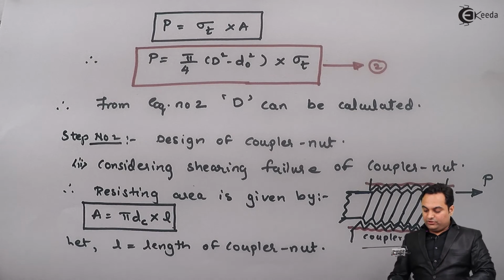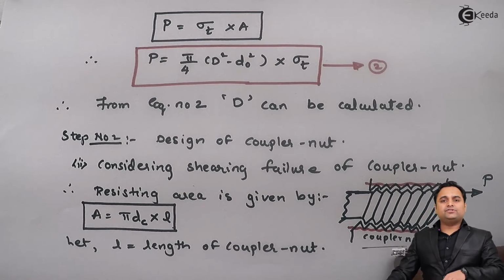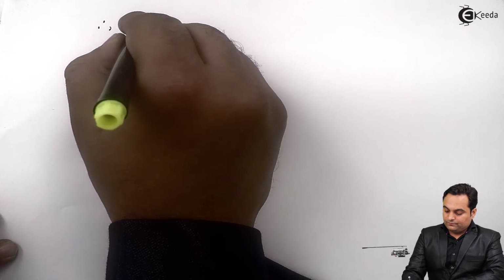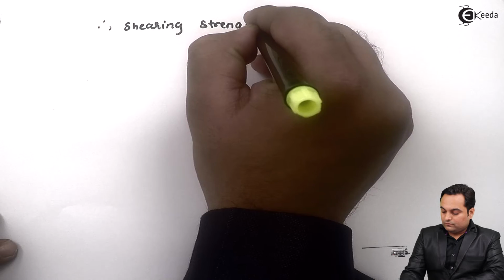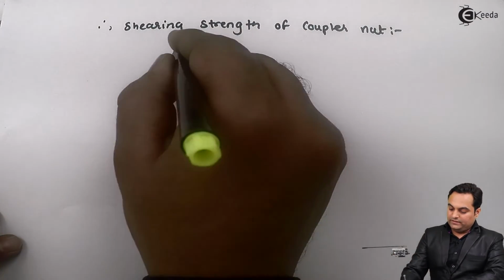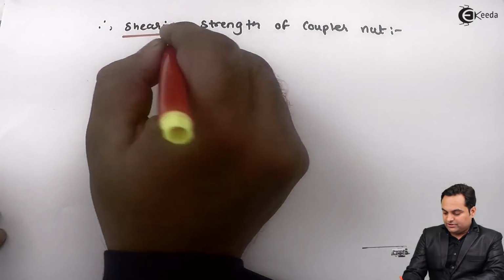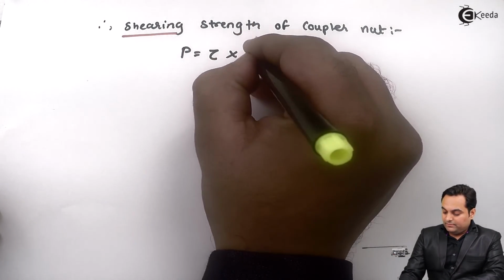Now once I have got the area, since I am considering shearing, I can write down the shearing strength of the coupler nut. So therefore the shearing strength of the coupler nut, that is P, is equal to, since we are considering shearing, the shear stress multiplied by area.